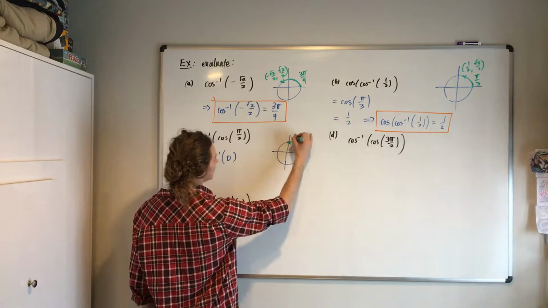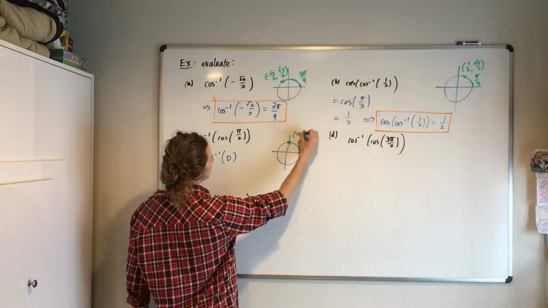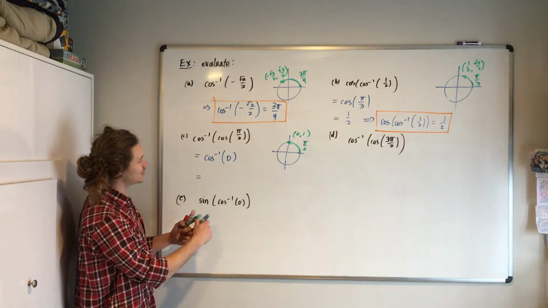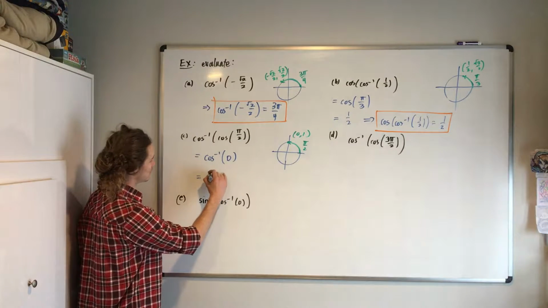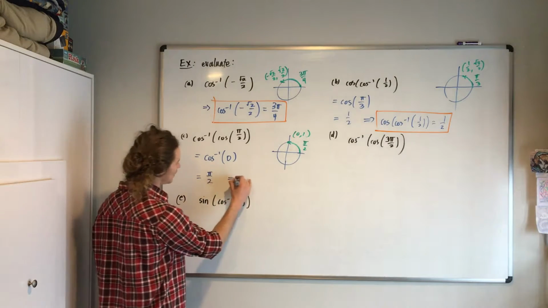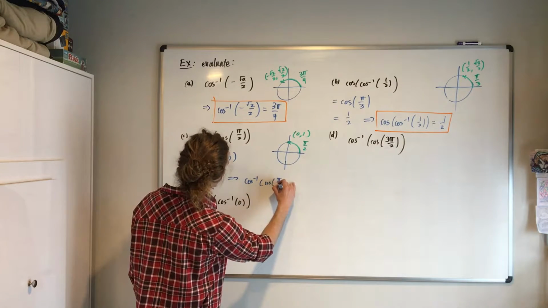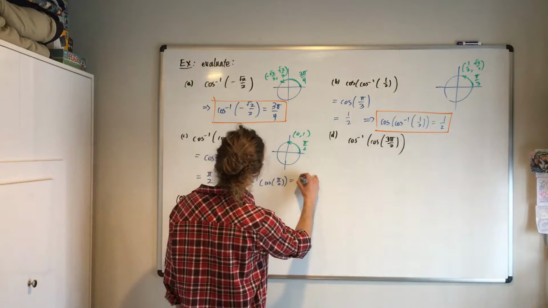Note that's that value we just saw at pi halves. The real number pi halves corresponds to the terminal point 0, 1, whose x-coordinate is 0. So the evaluation here is pi halves. The inverse cosine of the cosine of pi halves is equal to pi halves.